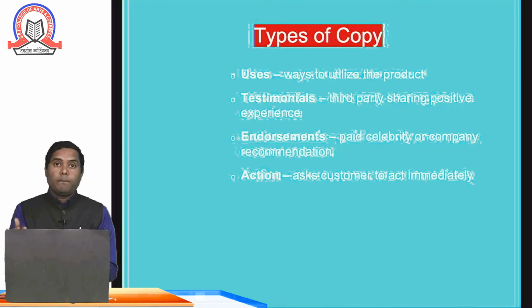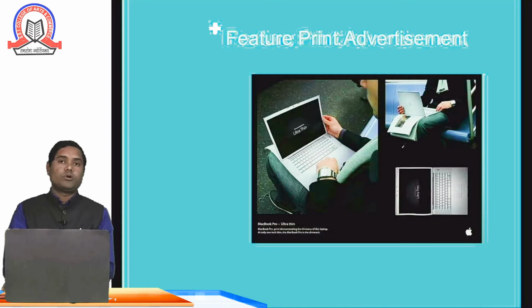Even celebrities write something, they recommend that product, so that is endorsement type copy. And sometimes the copy appeals to the customer to purchase that particular product. So these are the different types of copies which we can use. Now here you can see certain examples.